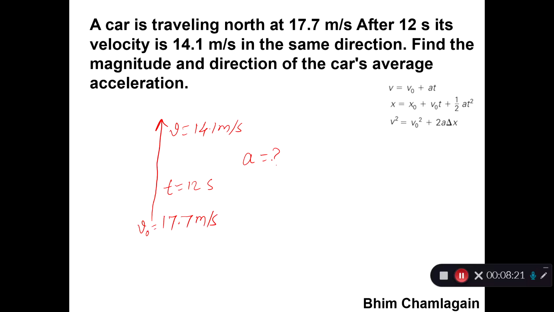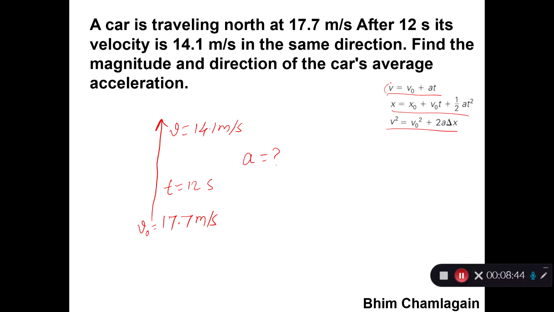Look at here, three quantities are given: initial velocity, final velocity, and time. Now you have to calculate acceleration. There are three equations of motion, so you have to choose one equation which relates the two velocities, initial and final, time, and acceleration.